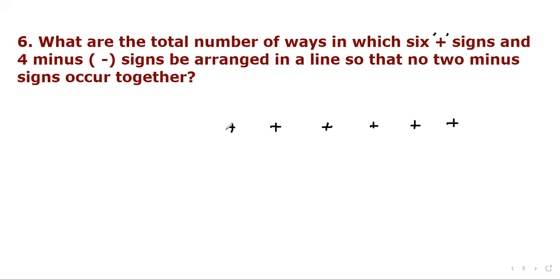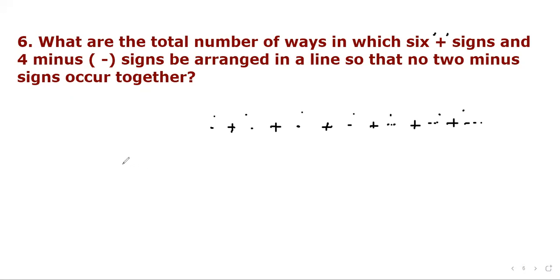And now let's see the number of gaps for minus signs. These are the gaps where minus signs can be placed. So there are 7 places, 1, 2, 3, 4, 5, 6, 7, where 4 minus signs can be accommodated.